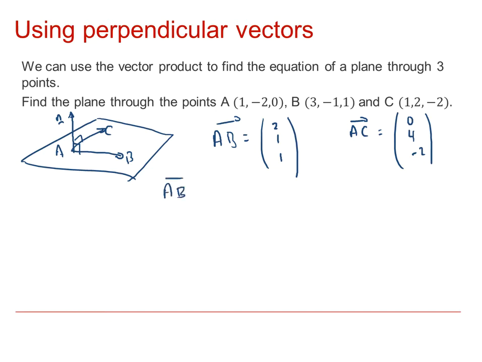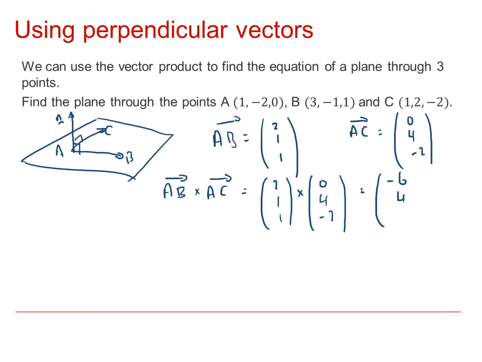So AB crossed with AC is the vector (2, 1, 1) cross product with (0, 4, -2), and you can check that that comes out to be (-6, 4, 8).